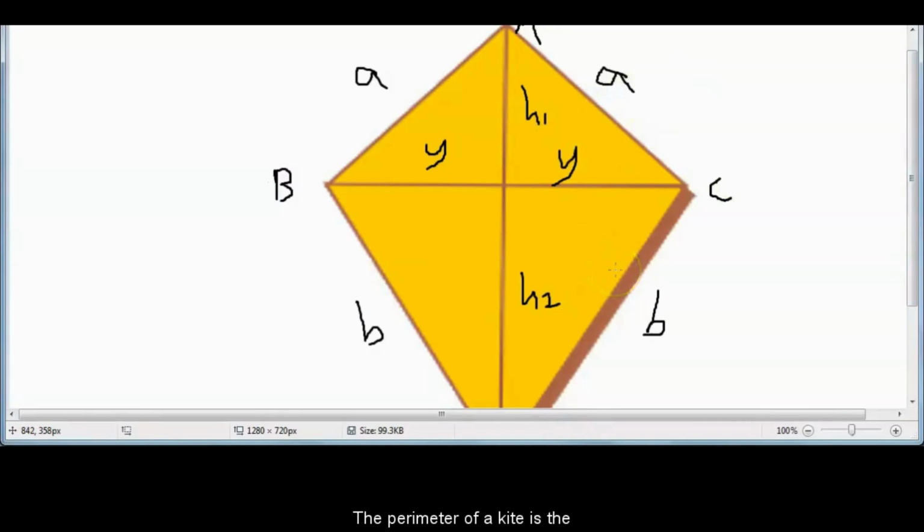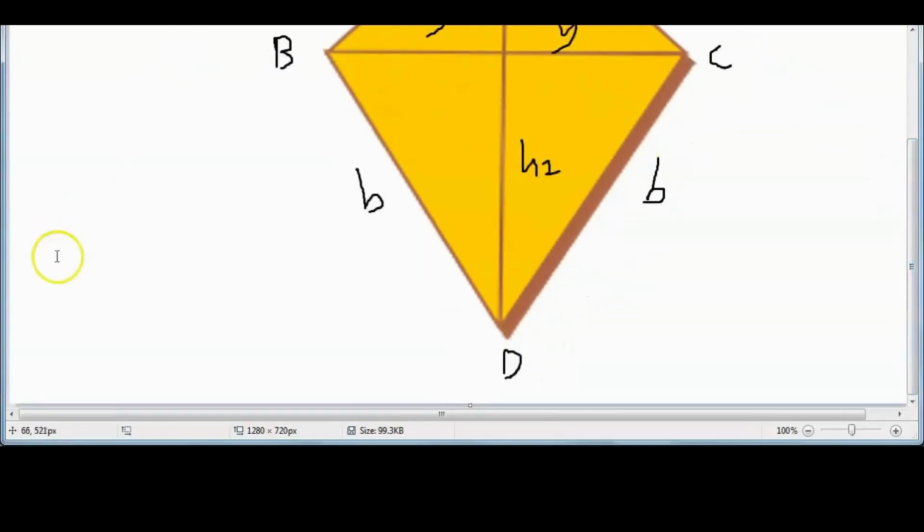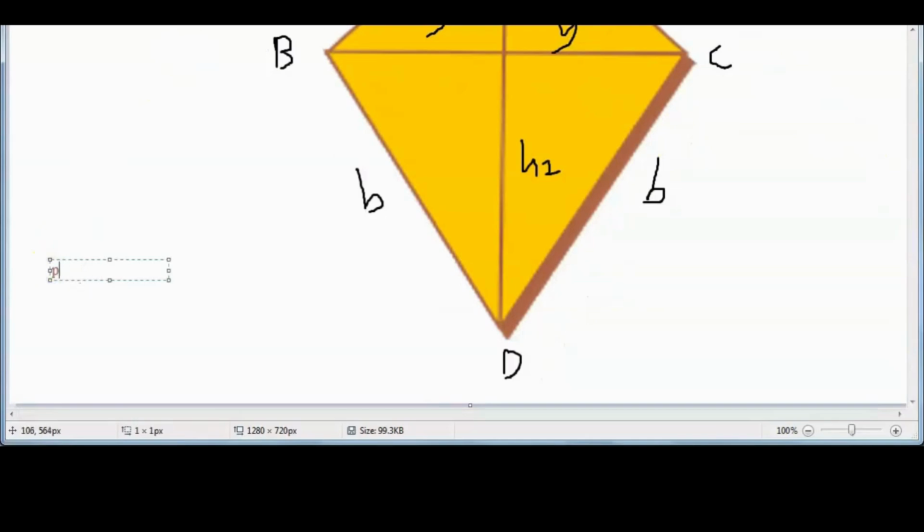So the perimeter of a kite is the sum of all the sides. It's going to be just like the parallelogram, 2A plus 2B, that's the perimeter.